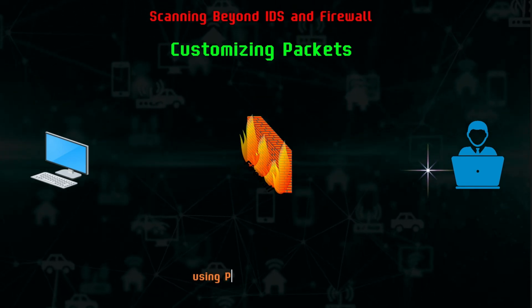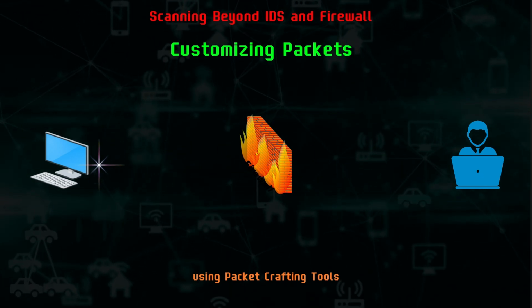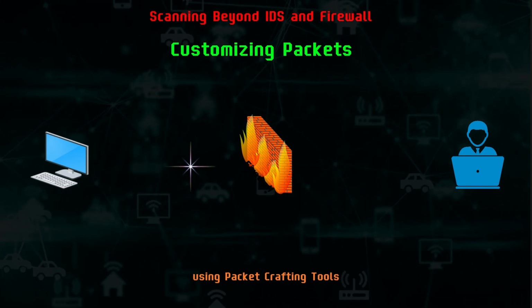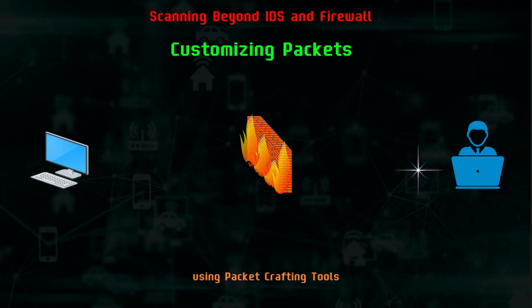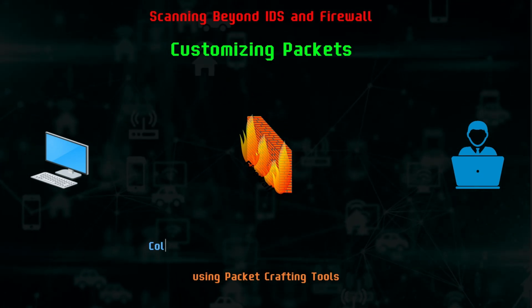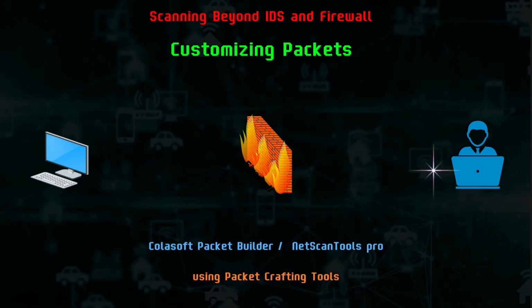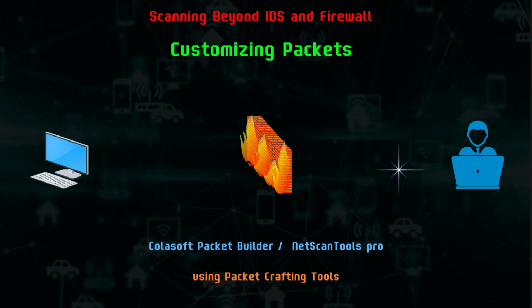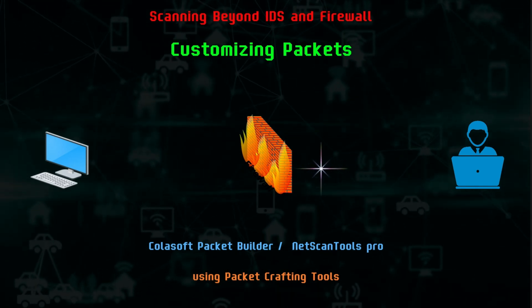Method number 1 is creating custom packets by using packet crafting tools. An attacker creates custom TCP packets to scan the target by evading the firewalls. Several packet crafting tools, such as Colasoft Packet Builder or NetScanTools Pro, can be used to scan the target beyond the defense mechanism.